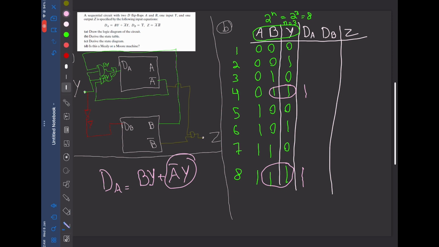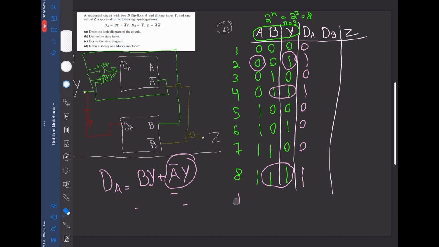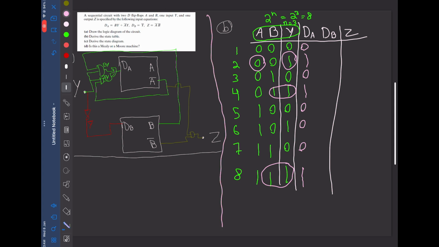So when is that the case? It has to be A equal to 0 because the A bar will be 1, and Y equal to 1. So in here only. The rest are zeros. Because the OR gives us either this or this, and we just put the cases.